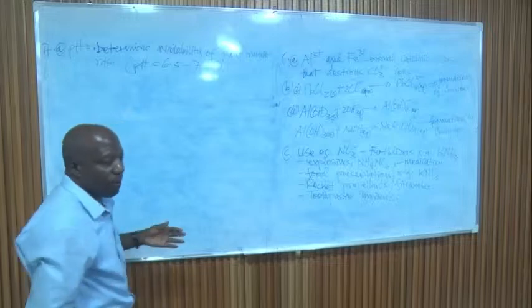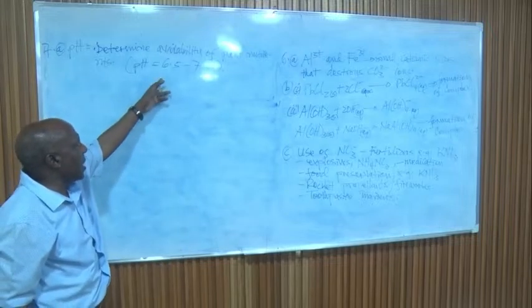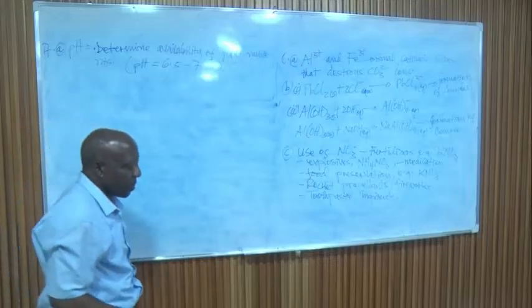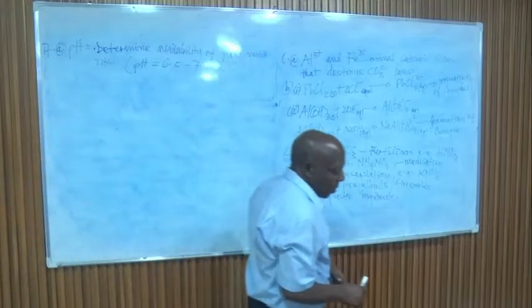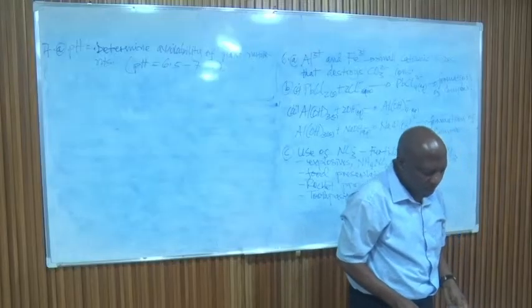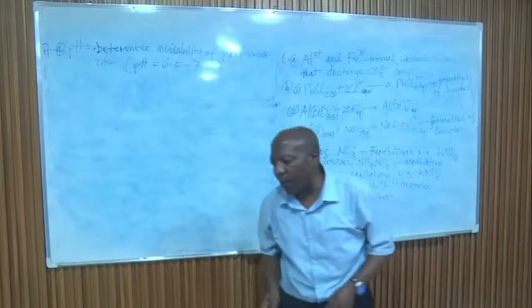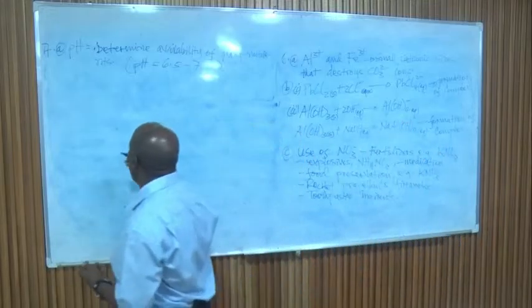For example, phosphorus: if the pH is less than 6.5, phosphorus will not be available for plant absorption.